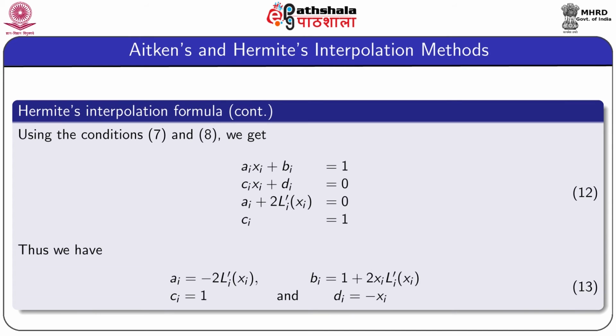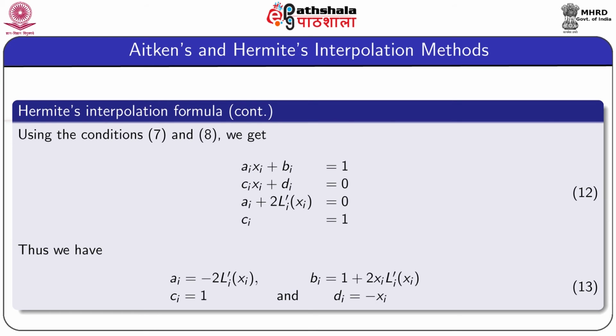Now, we determine the values of a_i, b_i, c_i, d_i. To determine these values, we consider conditions 7 and 8, which are essential for the interpolating polynomial, and using these conditions we obtain these 4 equations: a_i x_i plus b_i equal to 1, c_i x_i plus d_i equal to 0, a_i plus 2 first derivative of L_i at x_i equal to 0, and c_i equal to 1.